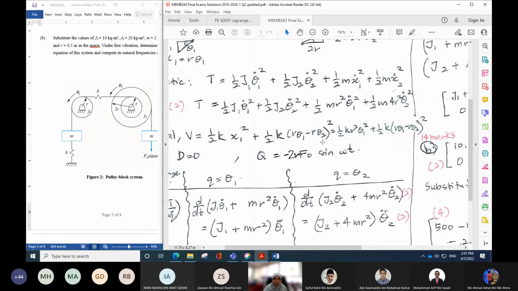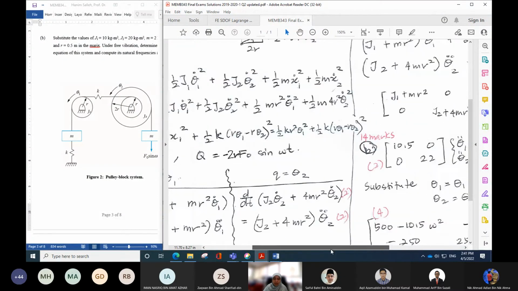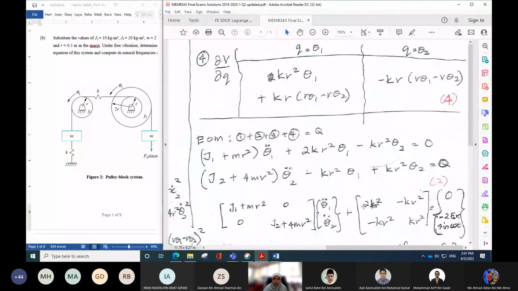For theta 2, you do the same thing, 2 times 1/2 k, and write the whole parenthesis. For theta 2, you have to multiply by negative r. So what you have here is kr and the whole thing, and then negative r and the whole thing.